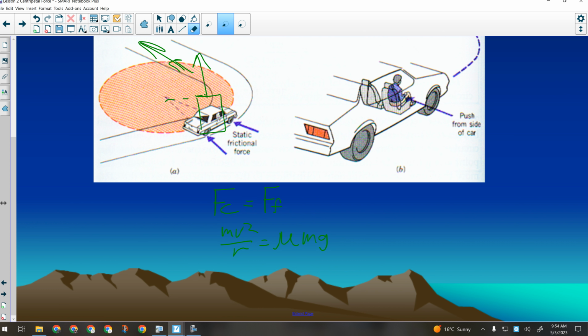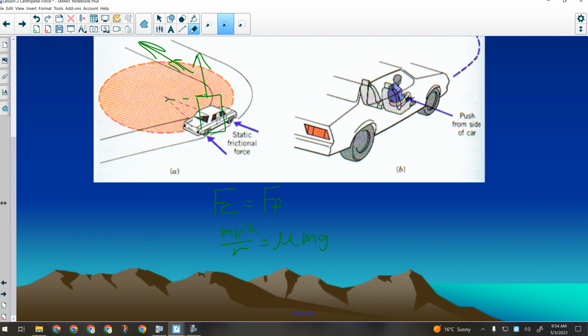If I do any manipulating here, what happens to m? It cancels. So mass doesn't matter? Not in this situation. Think about all the corners you've gone around, especially the banked corners. They're a little bit different, but in this way, mass cancels on them too.